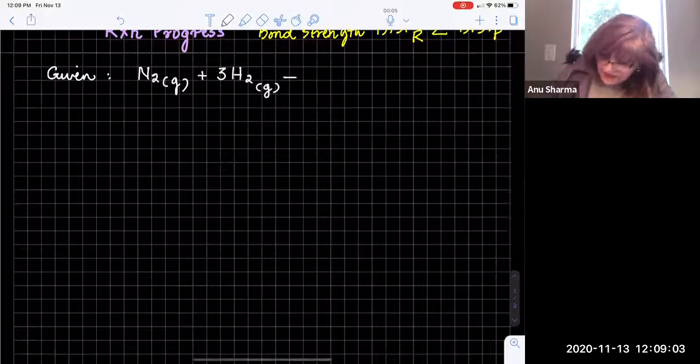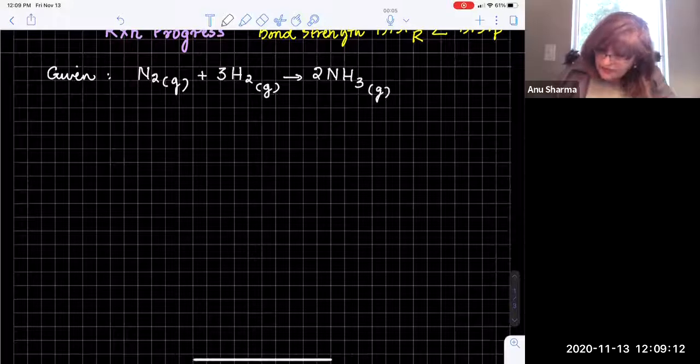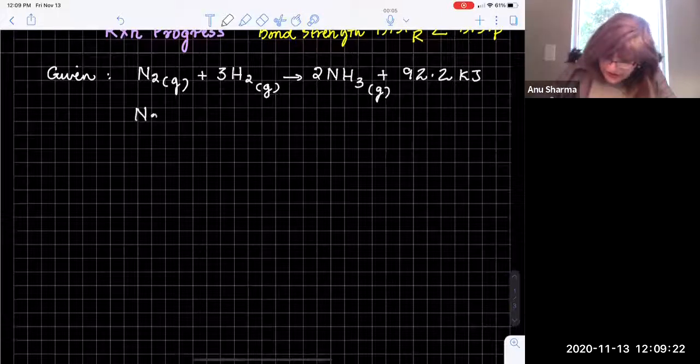Okay, and this is giving you 2 moles of ammonia, NH3 as a gas. And the heat that is also released is 92.2 kilojoules. Remember, we can rewrite this whole equation as N2 as a gas plus 3 moles of hydrogen as a gas.